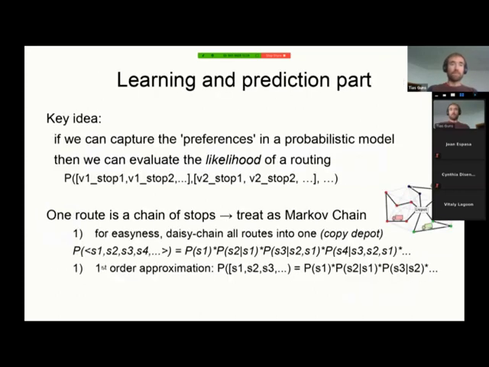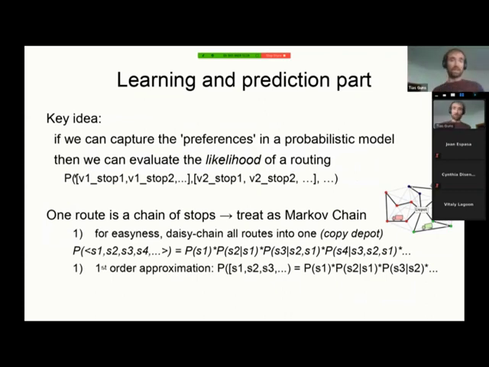So the key idea of the learning part and how to do the predictions is that we want to have some kind of probabilistic model that can capture the preferences. If we have such a probabilistic model, then we can evaluate what the likelihood of a routing solution is. Let's say that we have a routing solution consisting of 3 routes.